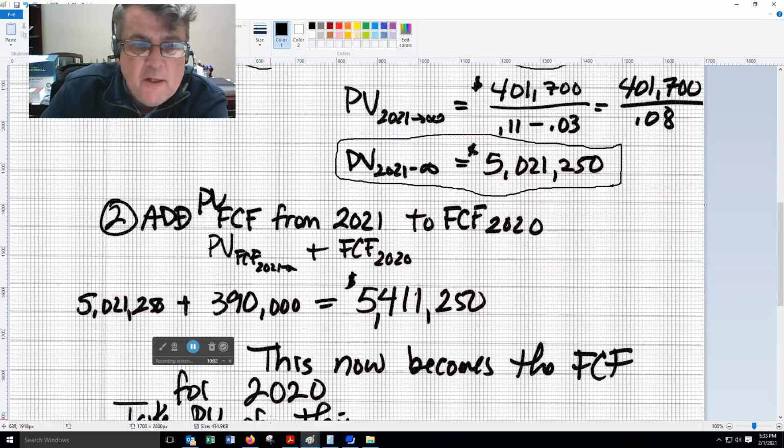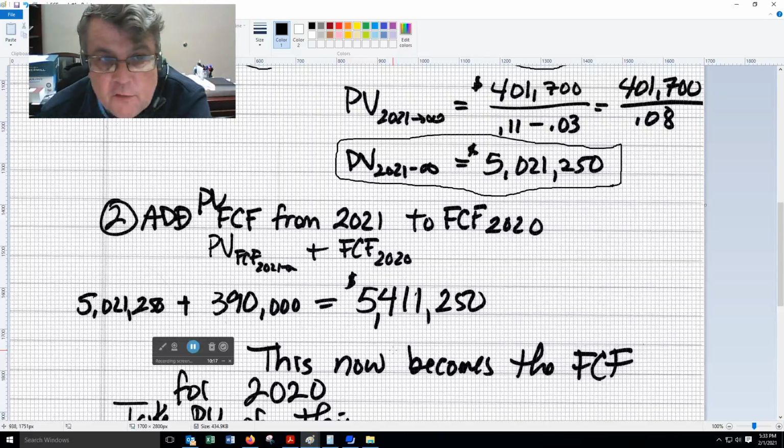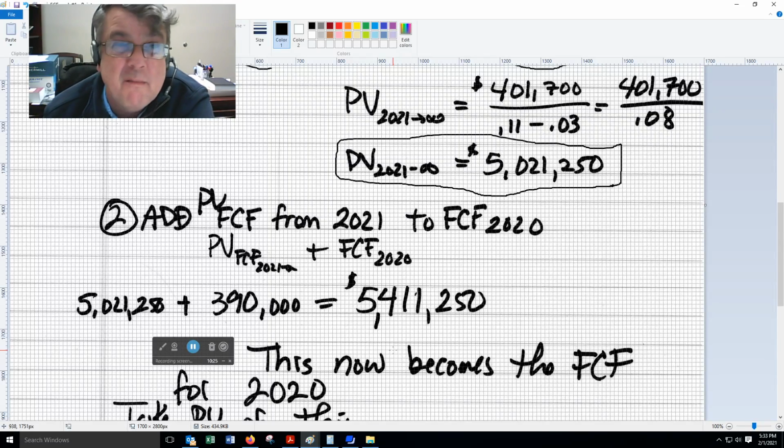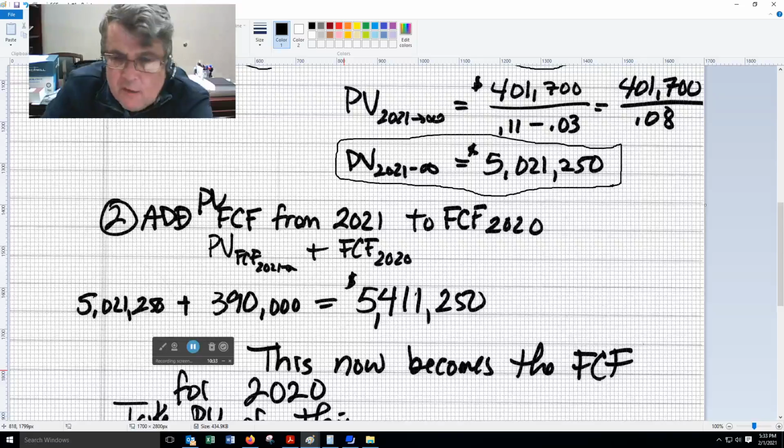So I've got $5,021,250 in the year 2020, plus $390,000 in the year 2020. And that gives me total free cash flow, you can think of it this way, for the years 2021 on into infinity in 2020, as present values in 2020, of $5,411,250. Now that's its 2020 value.